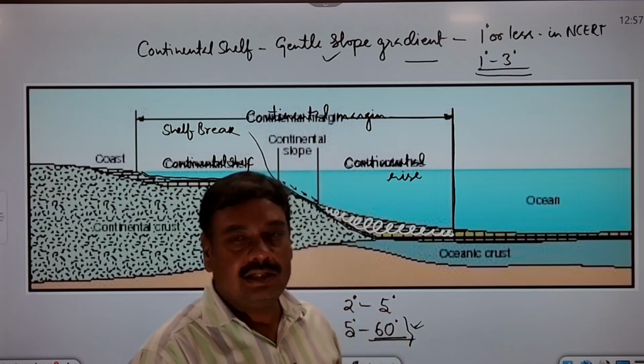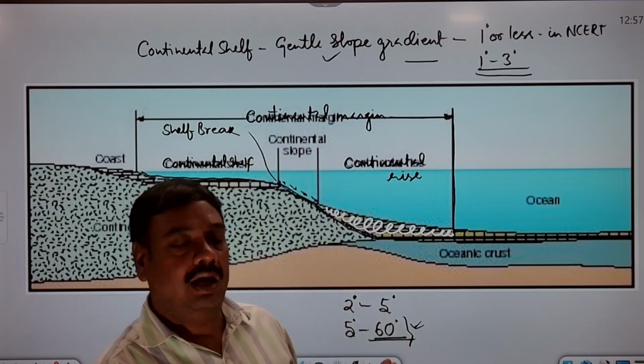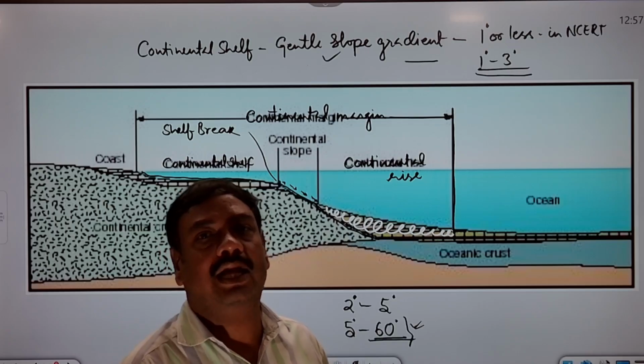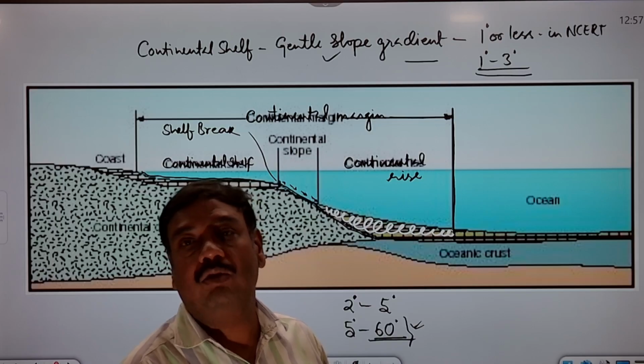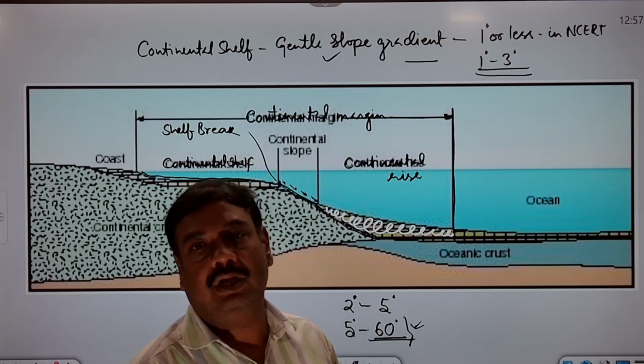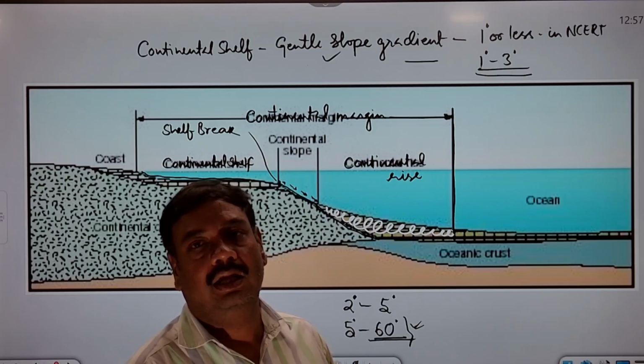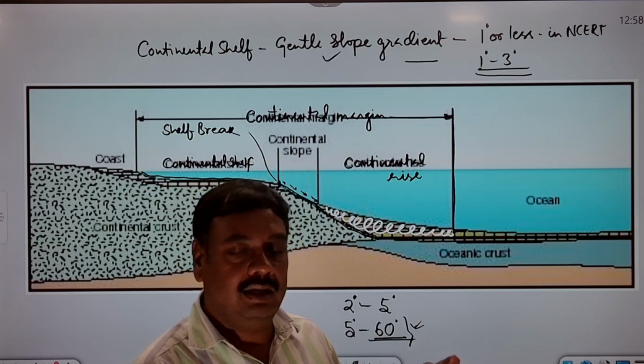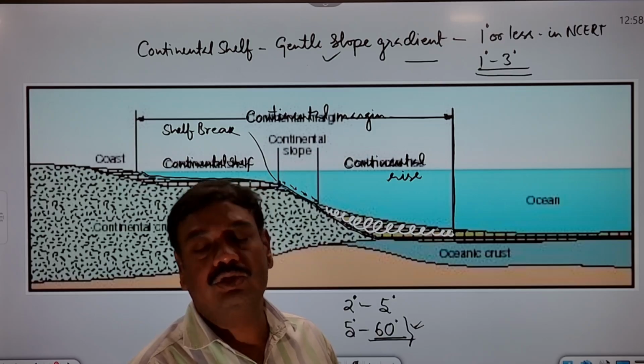But since it has not been discussed in your NCERT, there is much chance that if you are asked about the end point of the continental crust into the ocean water, you must use the term end of the continental slope.